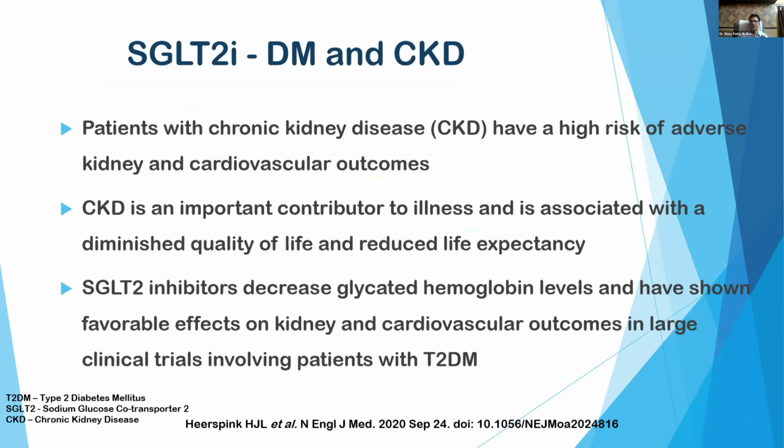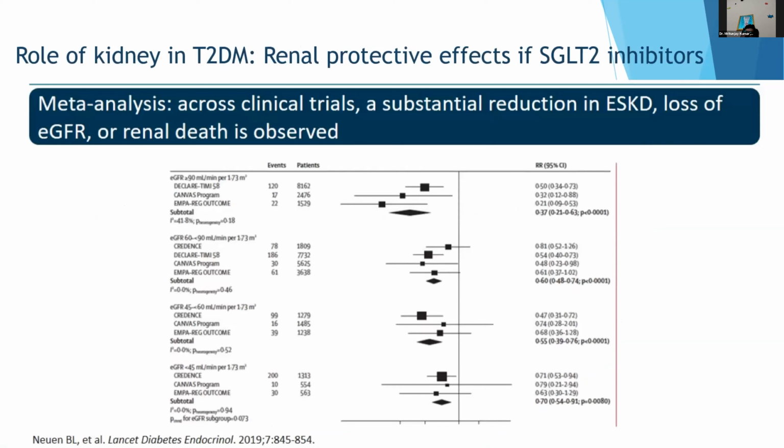So these SGLT2 inhibitors decrease not only the glycated hemoglobin level, but they have shown favorable effects on kidney and cardiovascular outcomes in almost all the trials. If you go through the majority of the trials, meta-analysis across the clinical trials has shown a substantial reduction in end-stage kidney disease, loss of eGFR, and reduction in renal death is also observed.